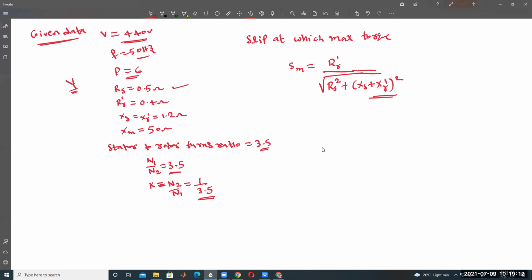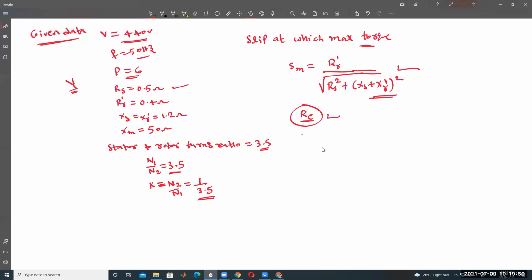Here, slip at maximum torque, this is the equation without external resistance. Remember, this is the generalized equation without external resistance in the rotor circuit. With the external resistance whose stator referred equivalent value is, let us assume, RE. Let us assume like this.